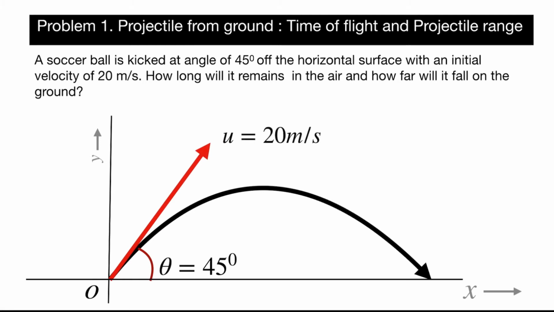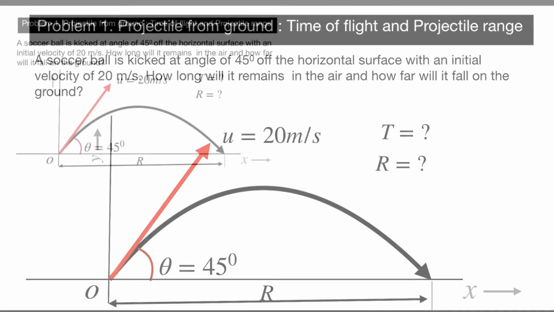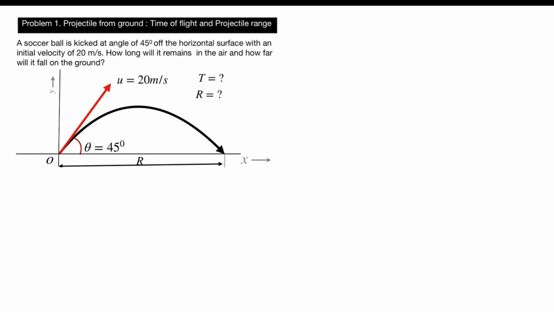How long will it remain in the air and how far will it fall on the ground? So we have to find out the time of the flight and the range of the flight. Here the given information is the angle of projection, theta equal to 45 degree. The other information is the initial projectile speed u is equal to 20 meters per second.